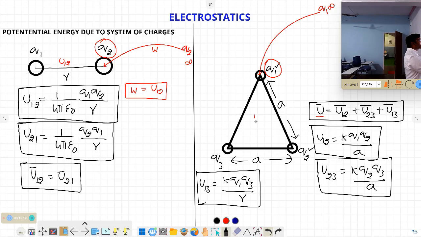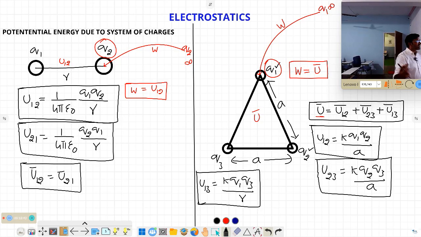The total energy of the system is U, and the work done is W, so the work done is equal to the energy of the system. So this concept is most important. If you want to bring the charges from infinity to here, in this way I can also explain the three charge system.